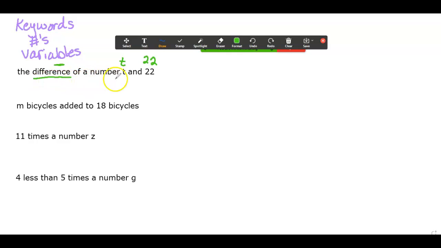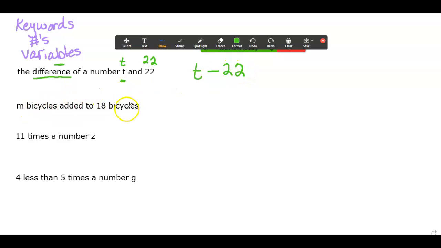So in this sentence, because they have the t first and it's subtraction, that t has to be first in my algebraic expression. So I would write t minus 22. And that's my algebraic expression.